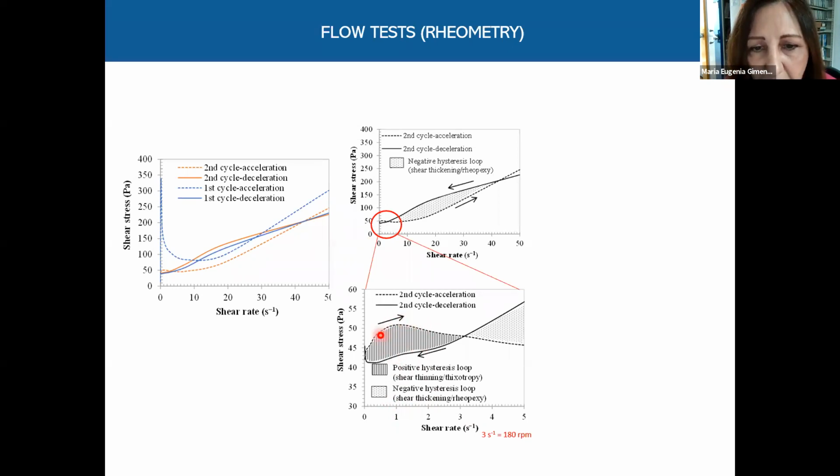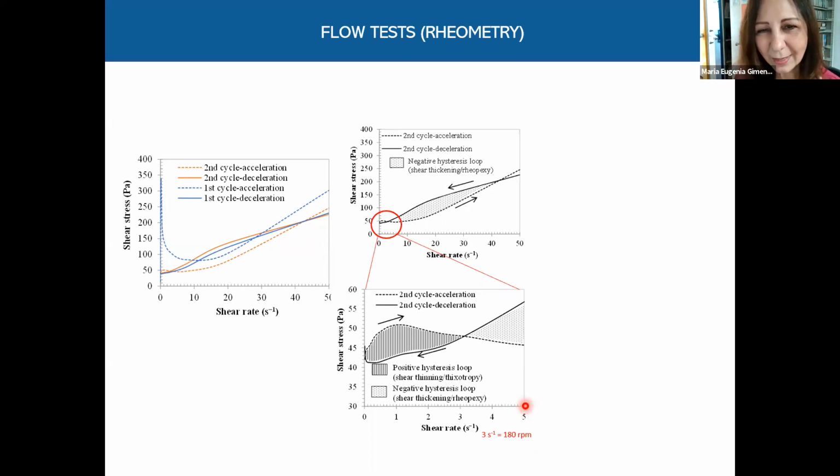This is a positive hysteresis loop that should indicate shear thinning and thixotropy. And the limit between the two behaviors would be 3 s^-1, that corresponds to 180 RPM.